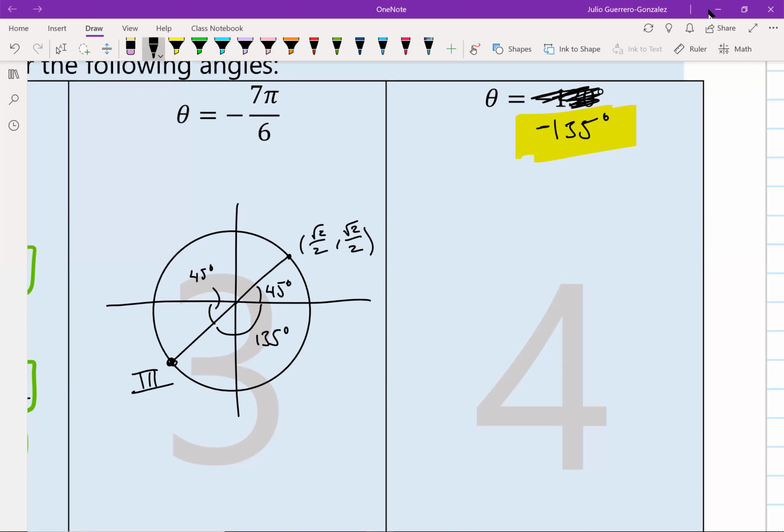So we just need to make sure that the sine and the cosine that we write down are negative. So sine of -135 degrees is negative root 2 over 2. Cosine of -135 degrees is negative root 2 over 2.